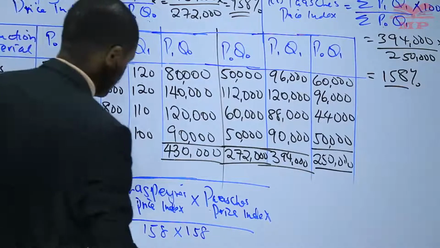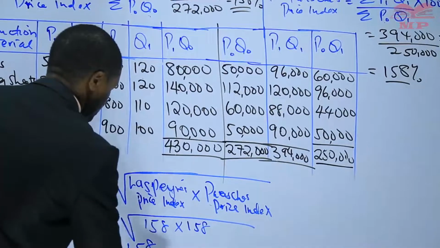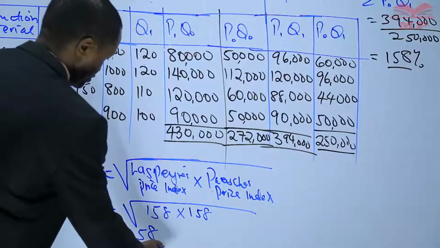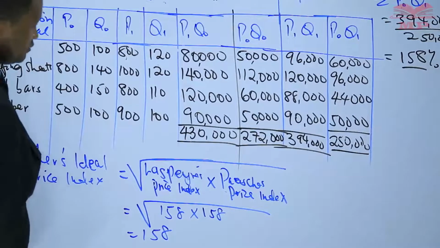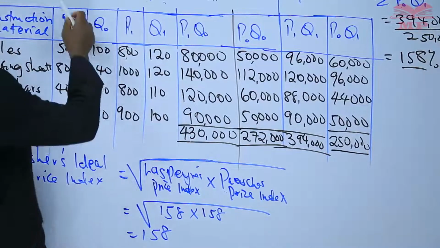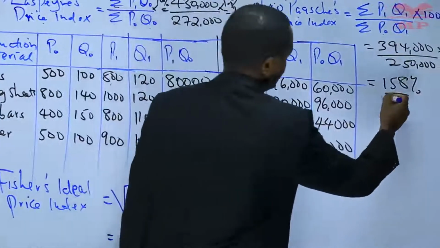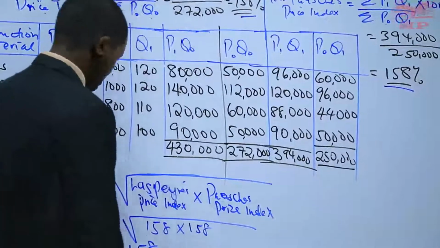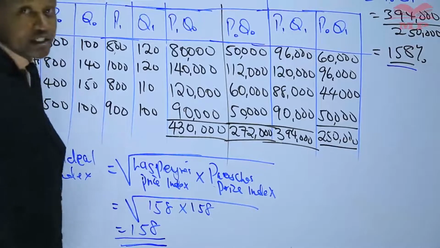This is equal to 158. So candidates, that is the Fisher's ideal price index, and if you are keen, you may have noticed that the last year's price index is the same as the purchase price index as well as the Fisher's ideal price index. This is not always the case, candidates.